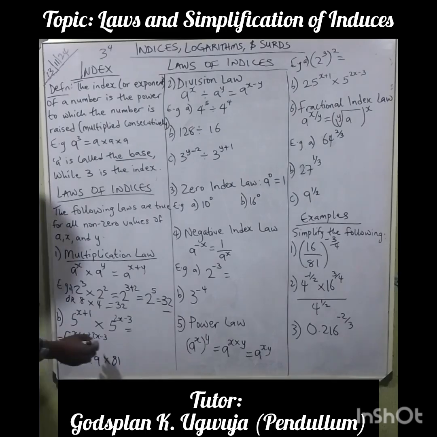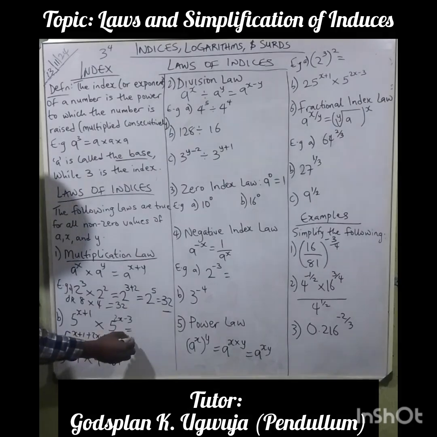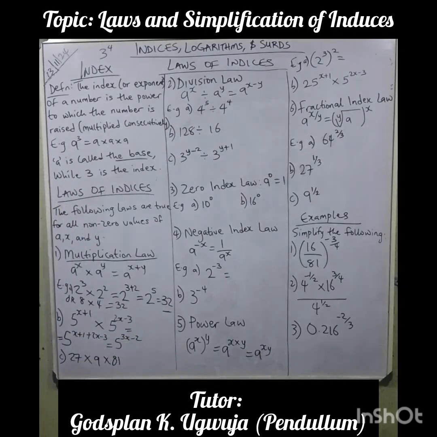If we add this, the base is still here. x plus 2x gives you 3x, plus 1 minus 3 gives you minus 2. Alright, so I've resolved this into this. So take note of that.